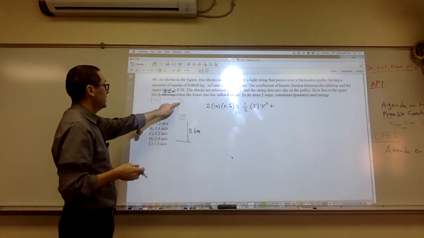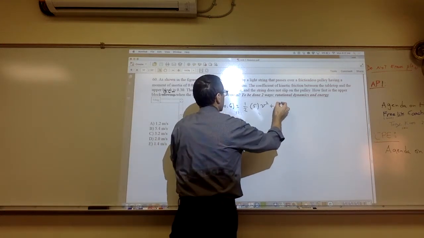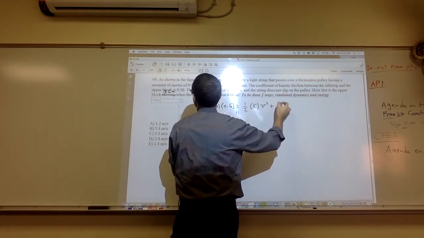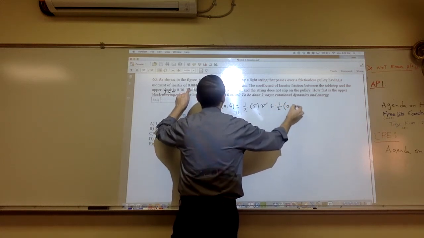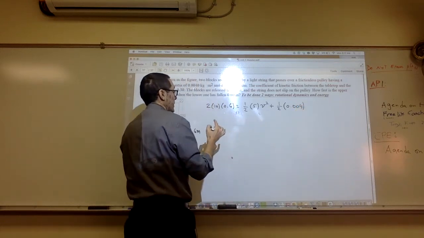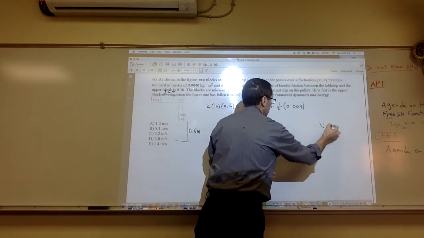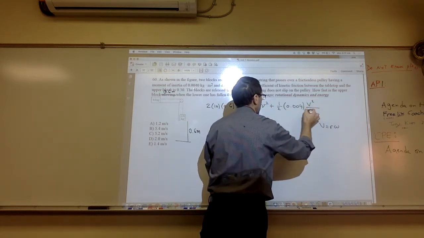Now let's look at the pulley. That's a disk, right? Oh, it's giving you the moment of inertia actually. So it's 1/2 I omega squared. Now v is R omega. So omega squared is v squared over R squared.